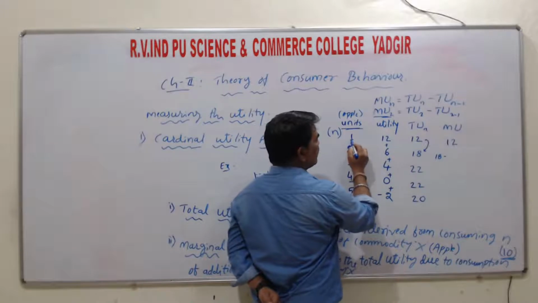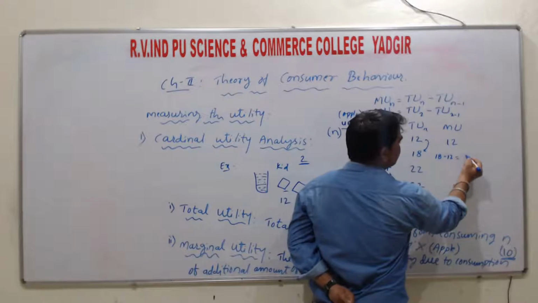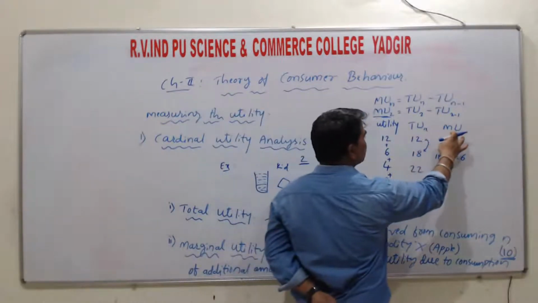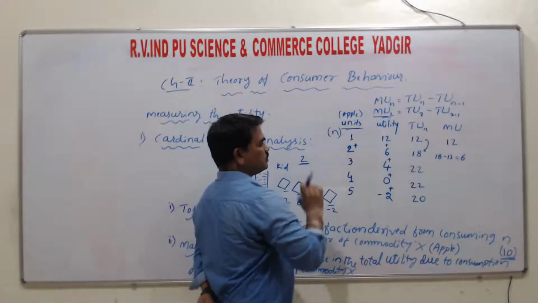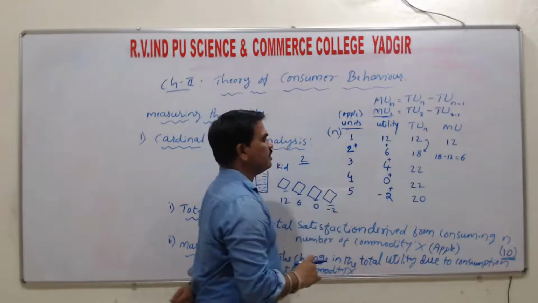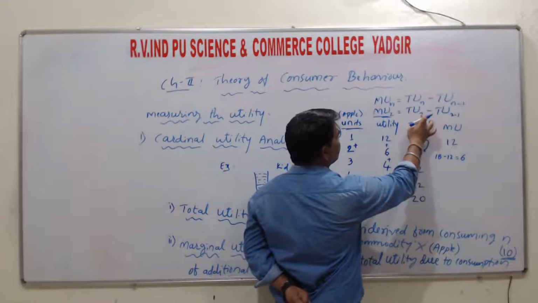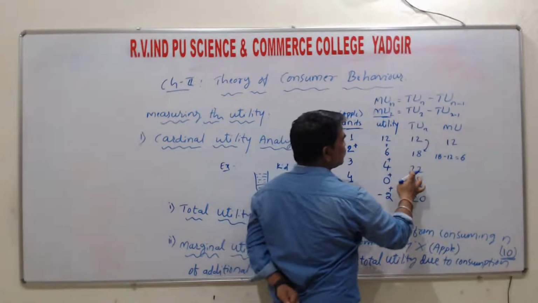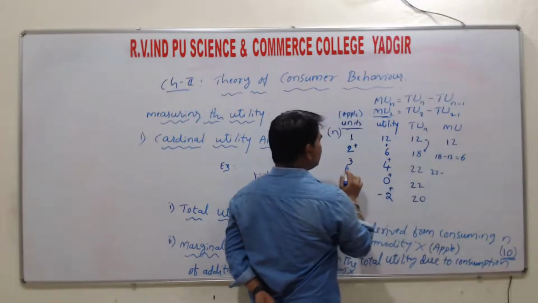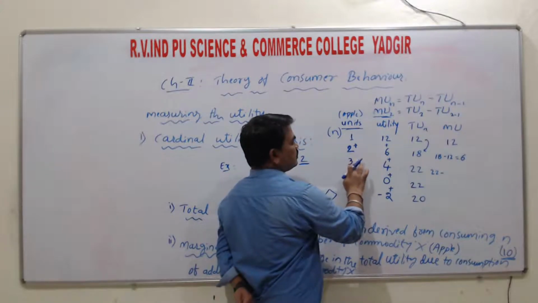The total utility at the first apple is 12. So 18 minus 12 is 6. Correct? So that is my marginal utility at number 2. So what is my marginal utility at the third apple? The same way we need to calculate. Total utility at the third apple, that is 22, minus TU at 3 minus 1, that is the previous one.